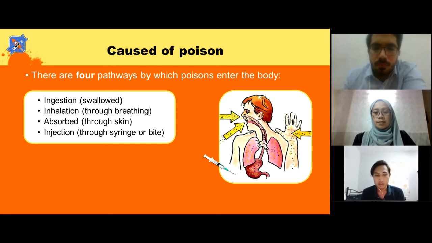Next is through absorption, when the poison or the chemical is in contact with our skin. And last but not least is through injection. It can happen when it was injected by using syringe, or when we are bitten by animals such as insects and snake.